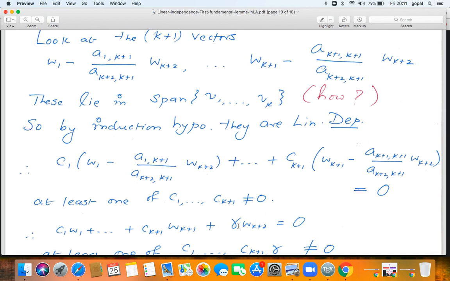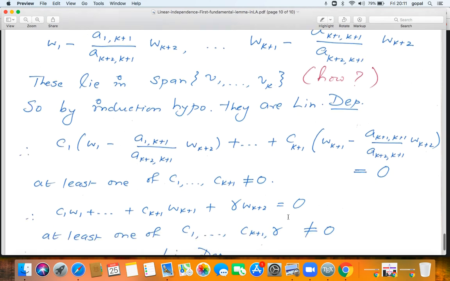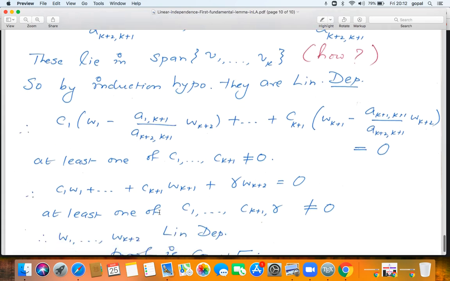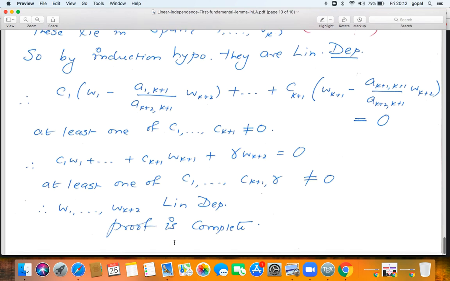I don't care what gamma is, it is some scalar. That's 0. So I got a linear combination of W1, W2, ..., W k+2, and at least one of C1, C2, ..., Ck+1 is non-zero, so they are linearly dependent. So I have concluded that W1, W2, ..., W k+2 is linearly dependent, and the induction step is over.